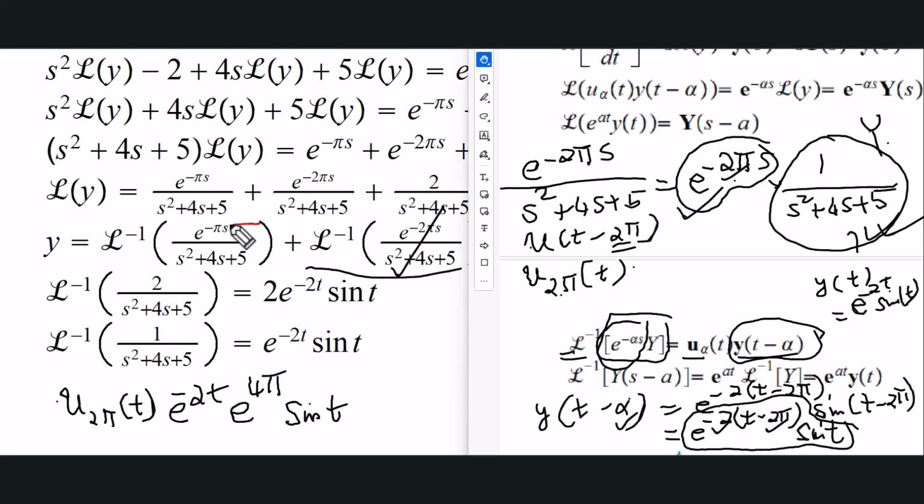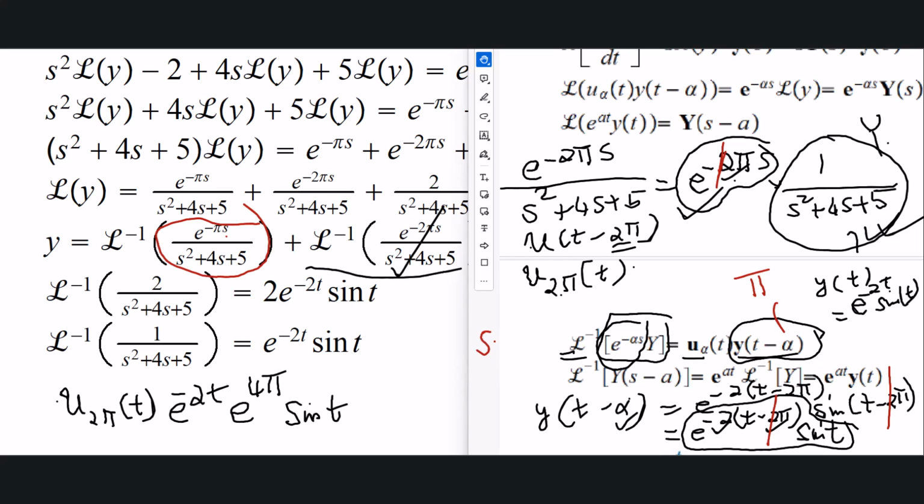When we go for this one over here, what changes is that this 2 will drop because we have only negative pi s. So alpha instead of 2 pi will simply be pi. So here we will simply have pi, and in here we will have sine of t minus pi.